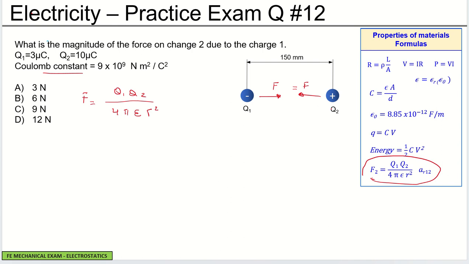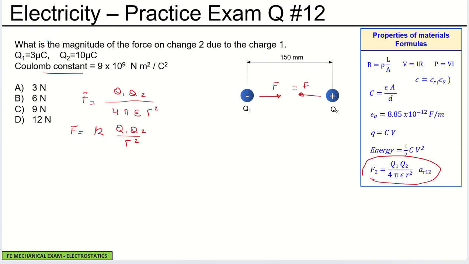So you need to know the formula in some way. It is this one, which is very similar. Kappa, the Coulomb constant, times Q1 Q2 divided by the square of the distance.